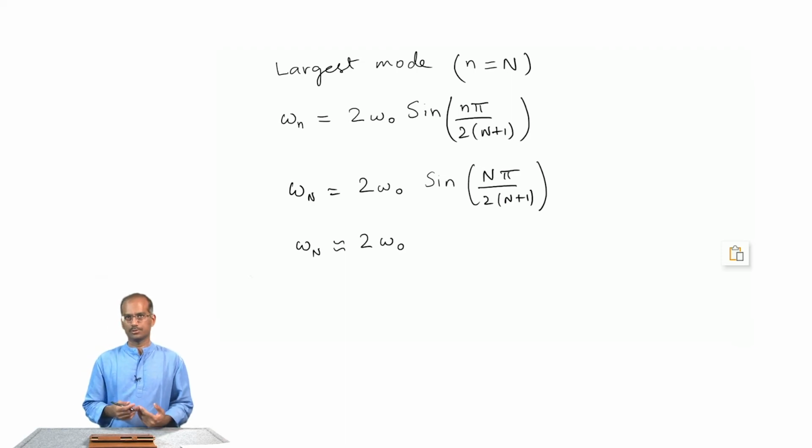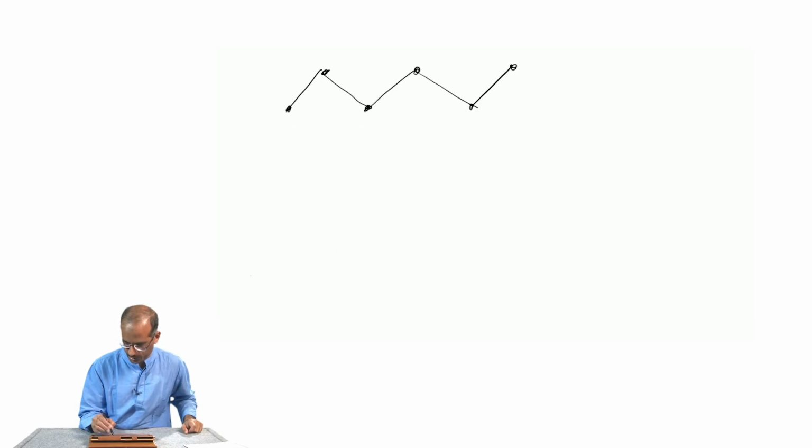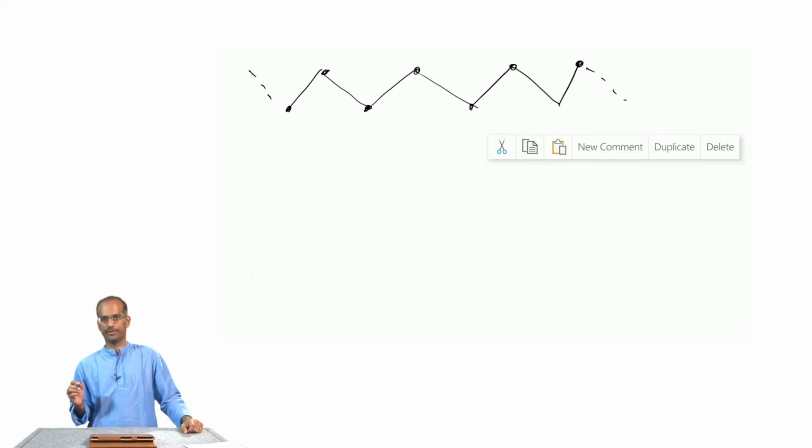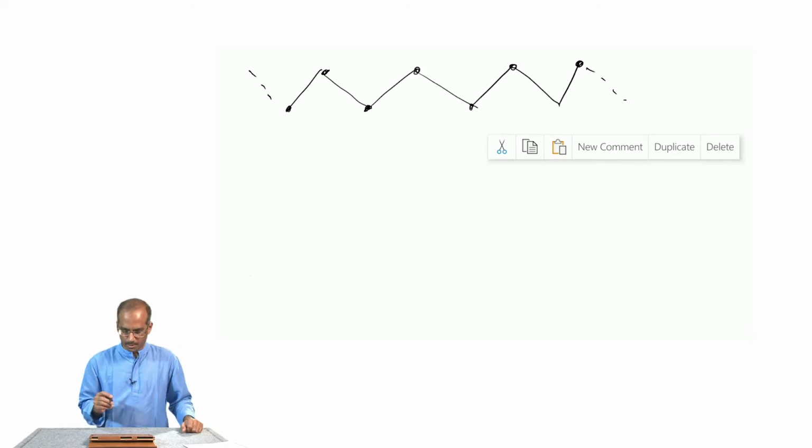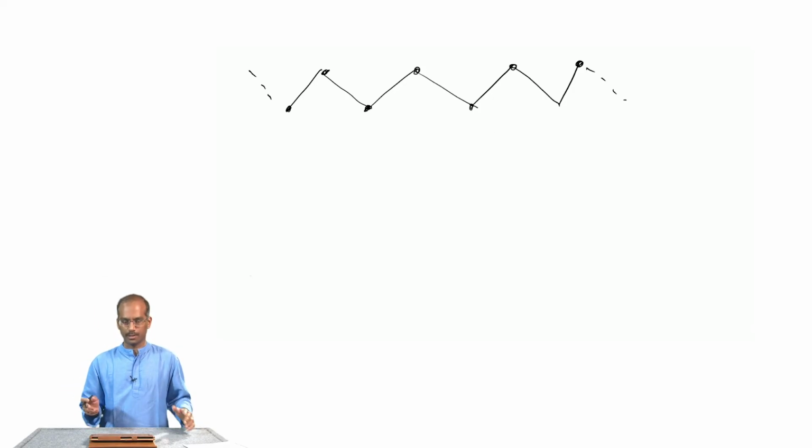So, in this case also the smallest frequency is omega 0 and the largest frequency is 2 times that. This is how the pattern would be for the case of largest frequency. We had seen this and also worked out the conditions under which this comes.